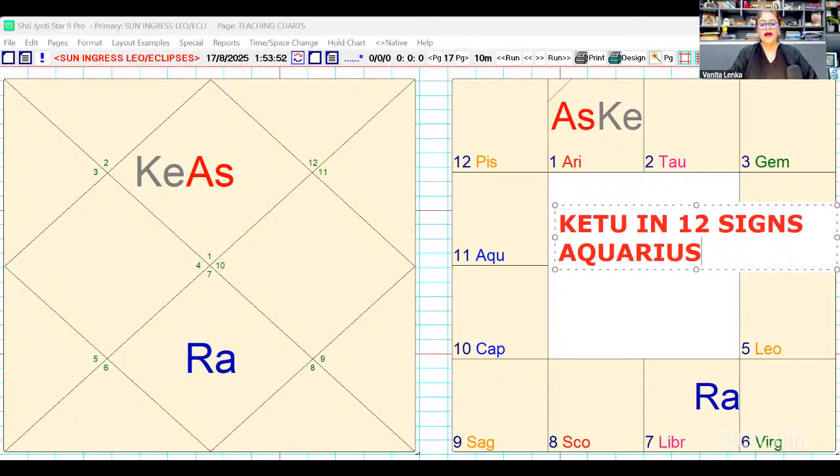So these people don't have many friends, and they will have losses in the west direction. Not necessarily, see, this is not a fixed rule that I'm giving you, but it will modify if a planet is looking at this zone. Mostly, suppose I'm an Indian.